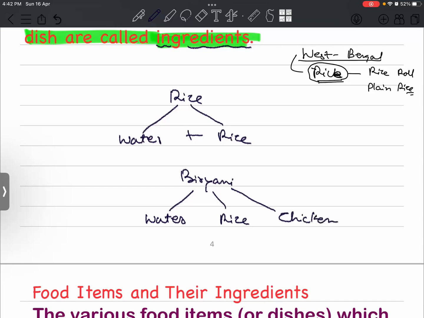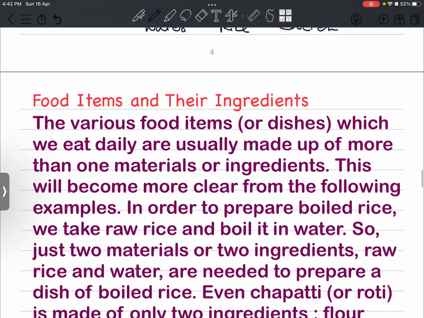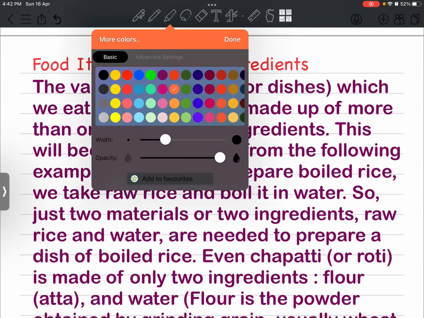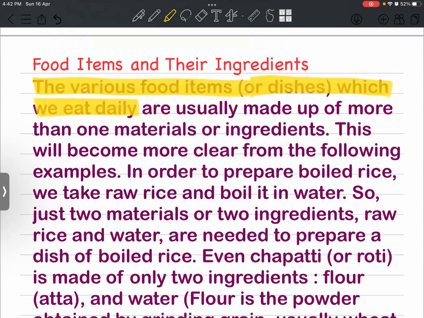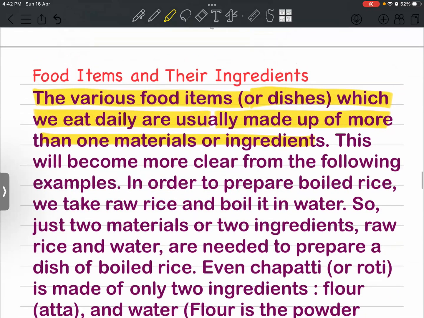Okay. So let's talk about food items and their ingredients. The various food items or dishes which we eat daily are usually made up of more than one material or ingredient. If I'm just serving you uncooked rice, that is not a dish, that is not a food.